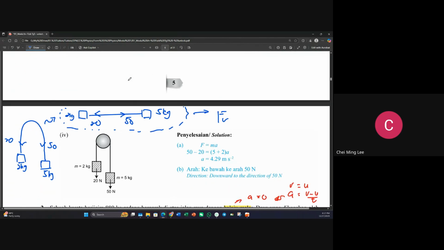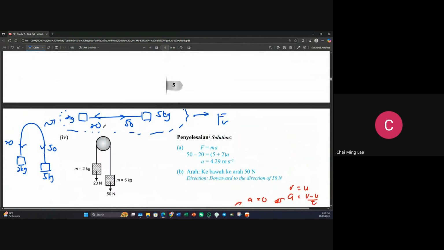Okay. Now for number 4, by using the formula F equals ma, F is 50 minus 20. You see, both are going down, correct? But actually, when I pull it into a straight line, 50 goes here, 20 goes here, correct? It's not the same direction.